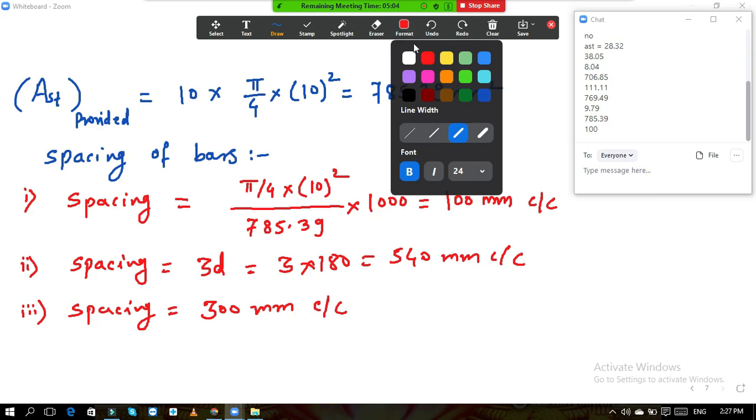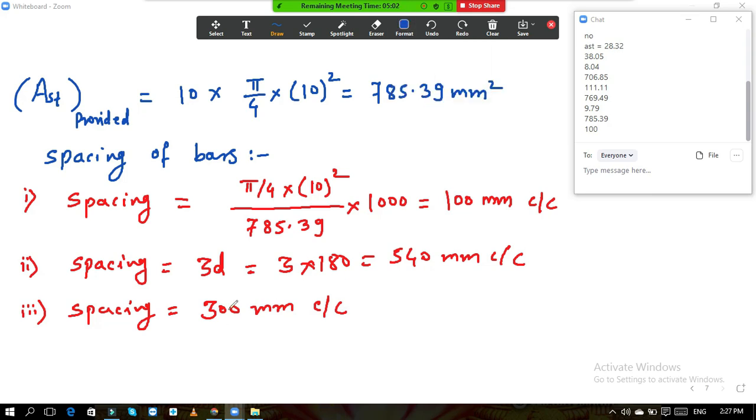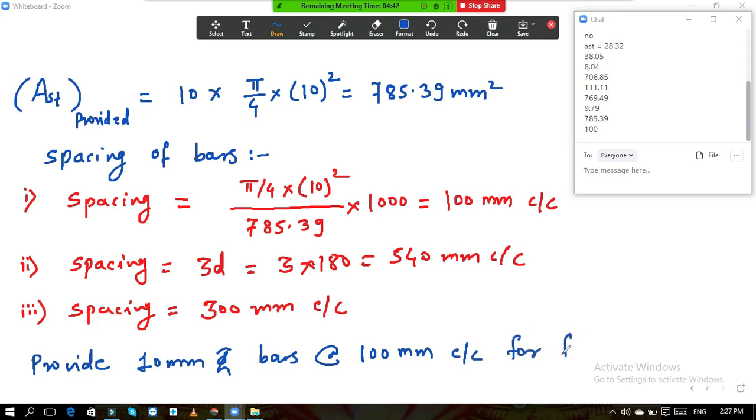So from above we will provide 100 mm. So here I will write: provide 10 mm diameter bars about 100 mm center to center for flight BC.